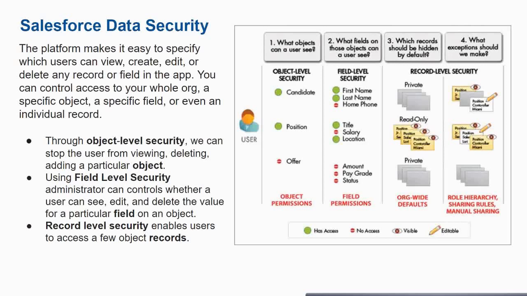Object level security means who can view which objects, and who has permissions to delete, create, view, or edit these objects. Field level security means who can view, edit or delete a particular field. Record level security is about who can see which records. What a field, an object, and a record are, I have discussed in an earlier video, but here you will have an idea.